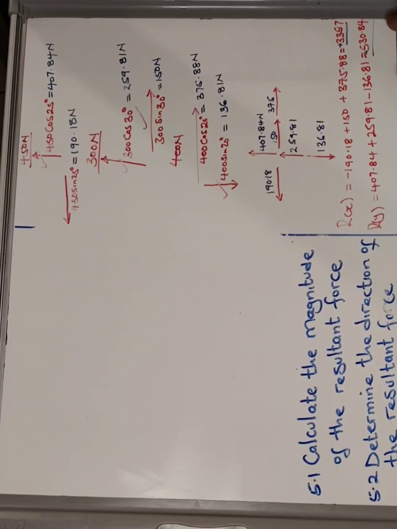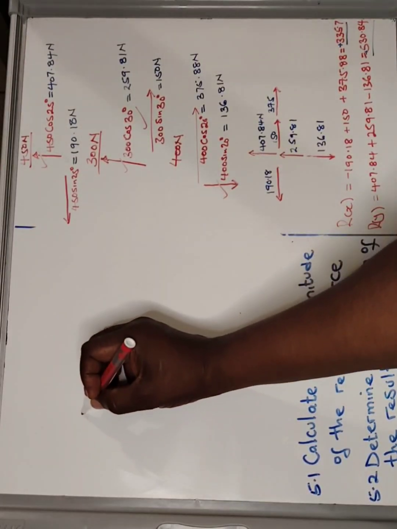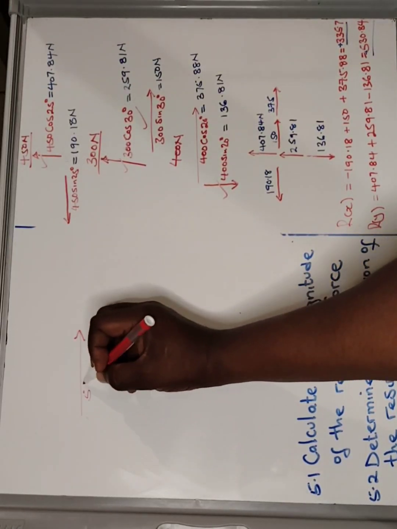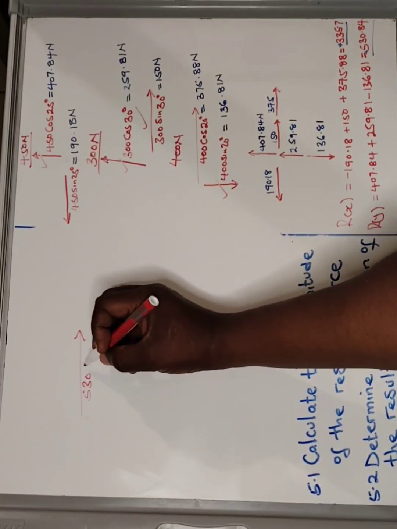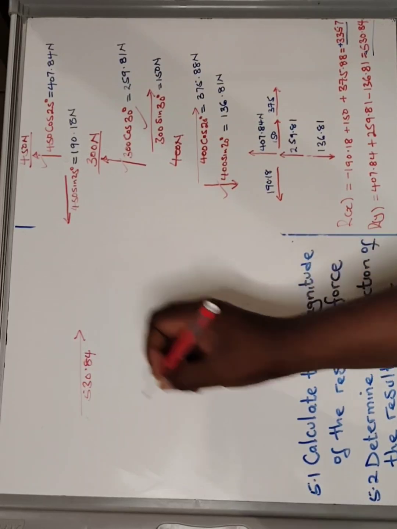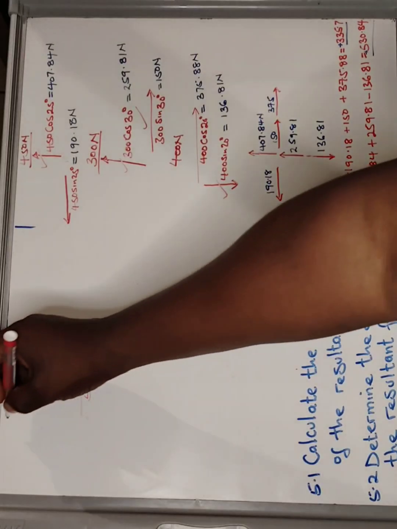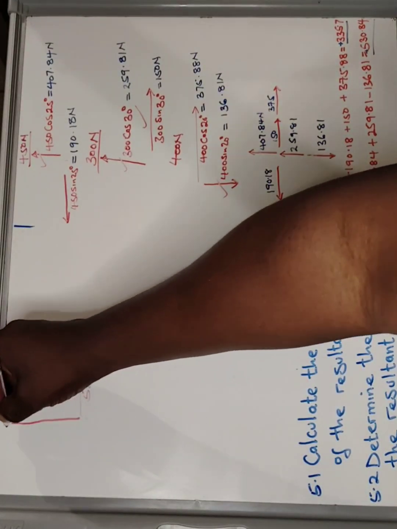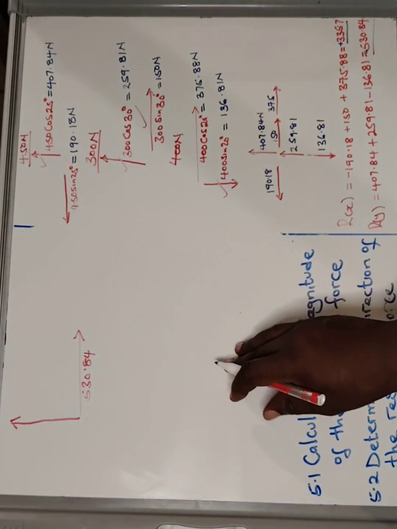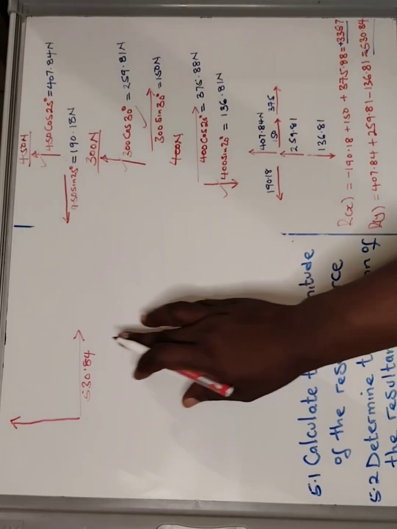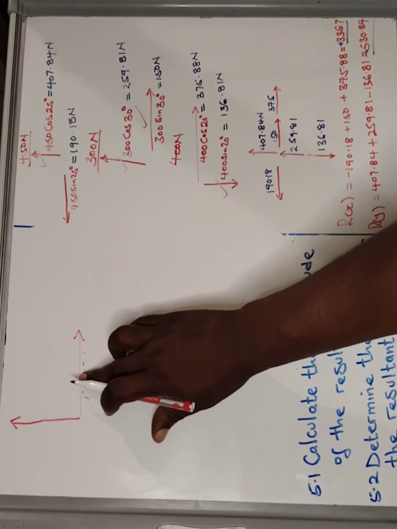So what is the next part? Next is to have a sketch of this. For the x, we have it as 530.84, and for the y, which is also positive, we have, okay, no, we made a mistake here.